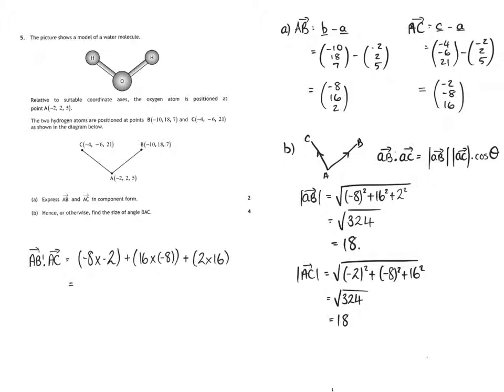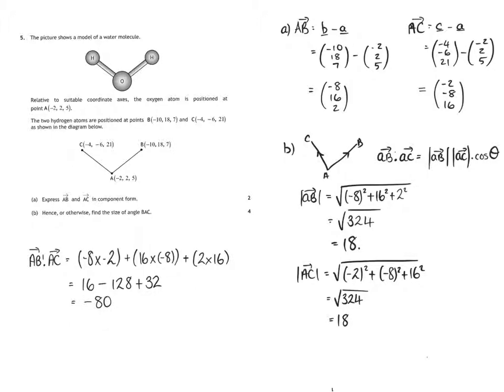So that gives us 16, and then 16 times minus 8 is negative 128, and then we're going to be adding 32. When we do that, we get negative 80.